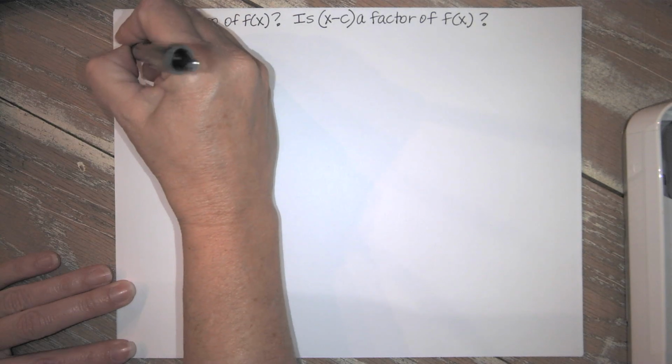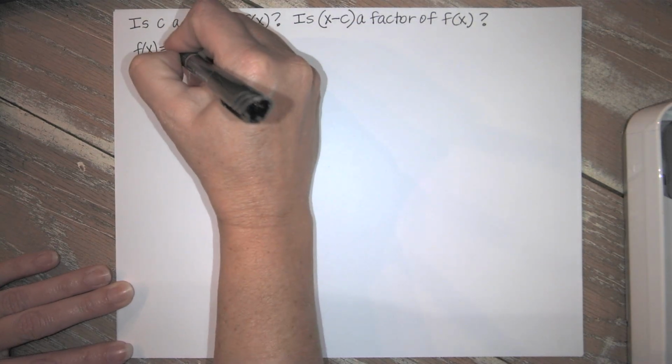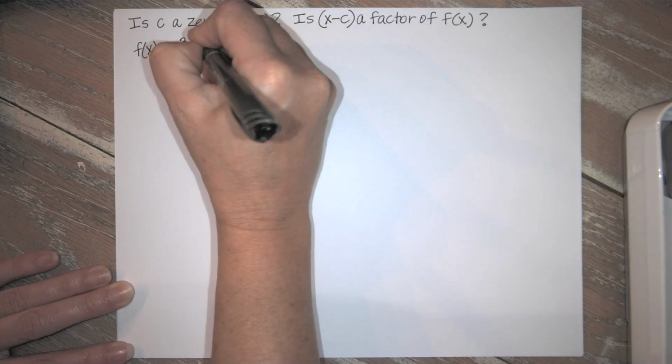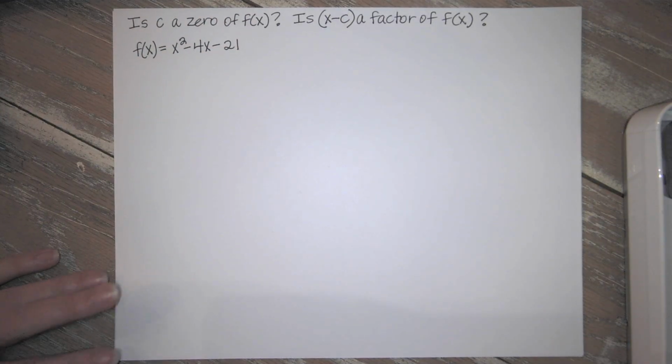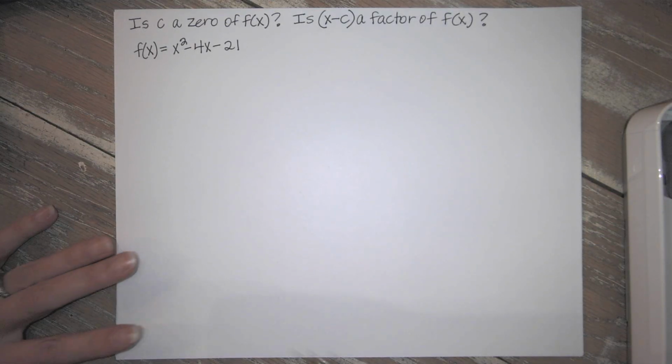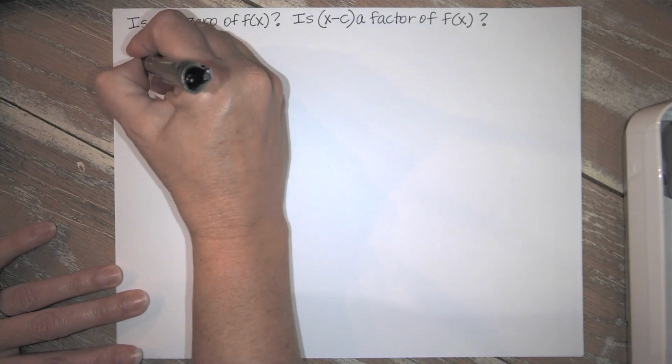So let's start with something we should be pretty familiar with, which is a quadratic function. We learned lots of ways to solve quadratic functions, factoring being one of the ones we did most often. And when we have a polynomial like this, we know that we can factor it.